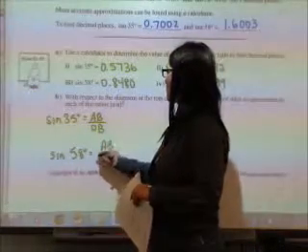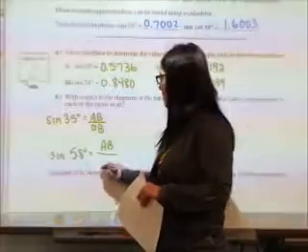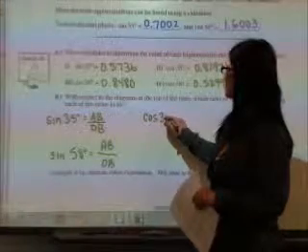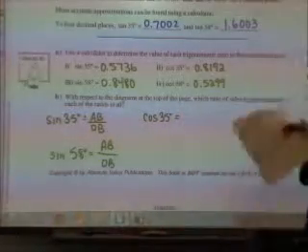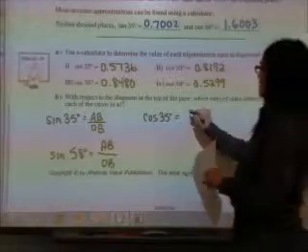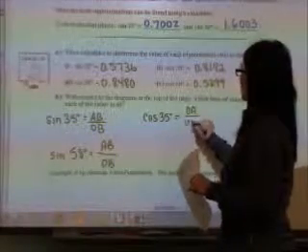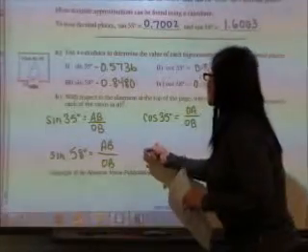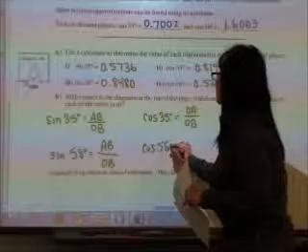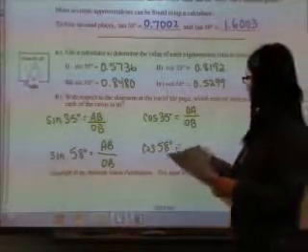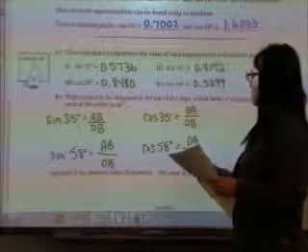What's the hypotenuse called? OB. If I look at cos 35, so that's in the first diagram, what's the adjacent side called? OA. And the hypotenuse was OB. And in cos 58, the adjacent side was OA, and the hypotenuse again was OB.